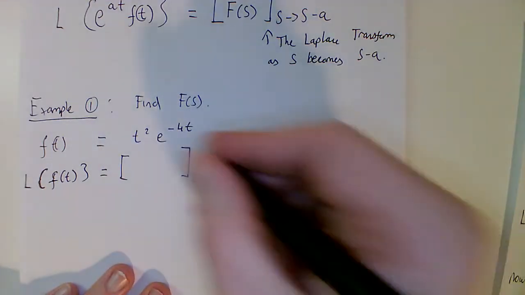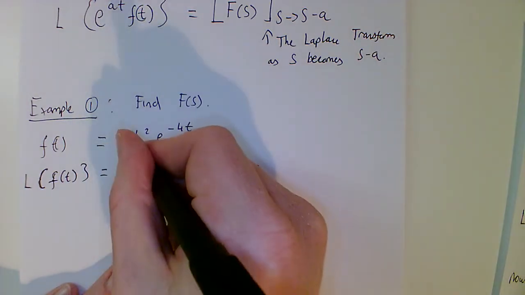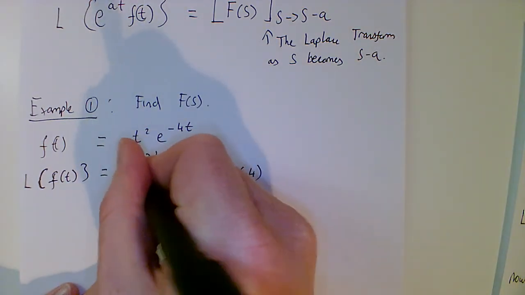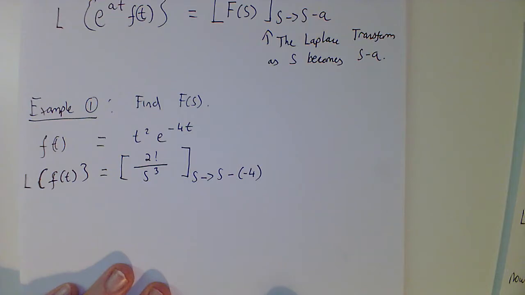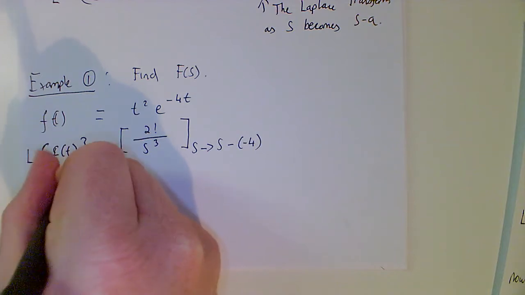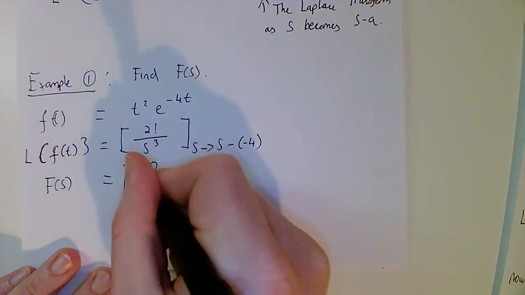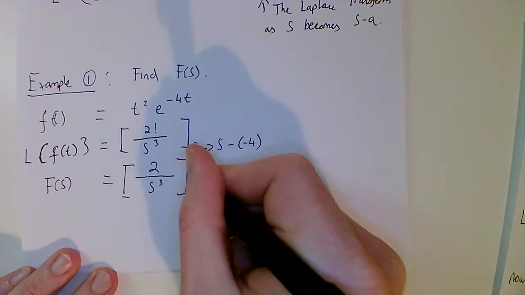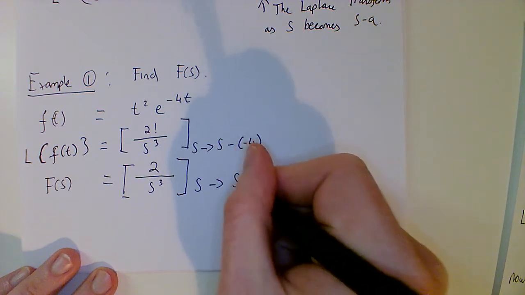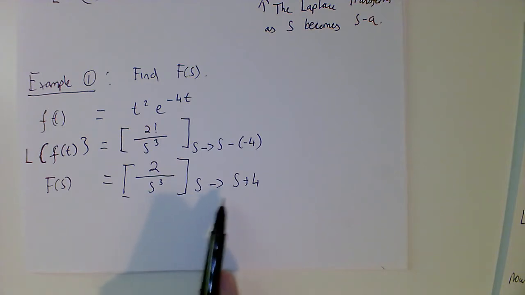And then in the brackets we do the Laplace transform of this normally. So that's 2 factorial over s cubed. So F of s is 2 over s cubed as s becomes s plus 4. That should be a subscript, a wee bit smaller than that. I'm trying not to make my writing too bad today.